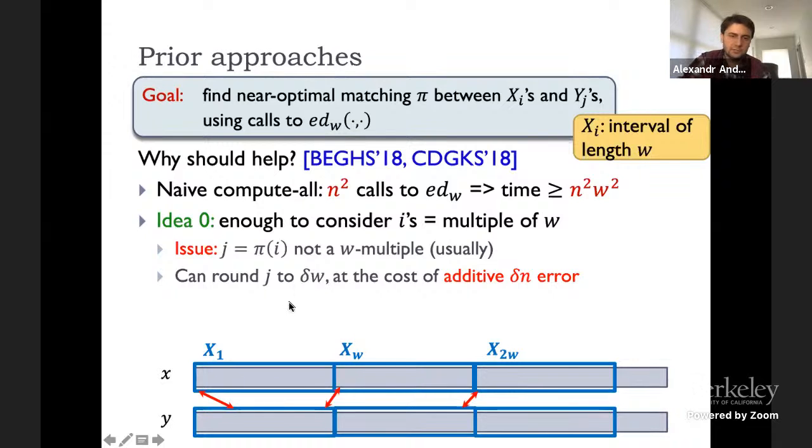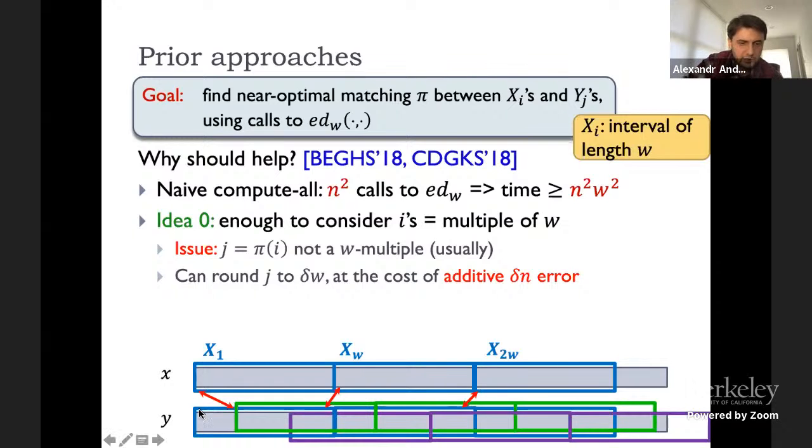Think about delta as a very small constant. So basically we'll consider multiples of W as starting positions in Y, but also a little bit shifted. This green starts here and here and here, as well as this purple starts here and here and here. This would roughly correspond to delta equals 1/3.